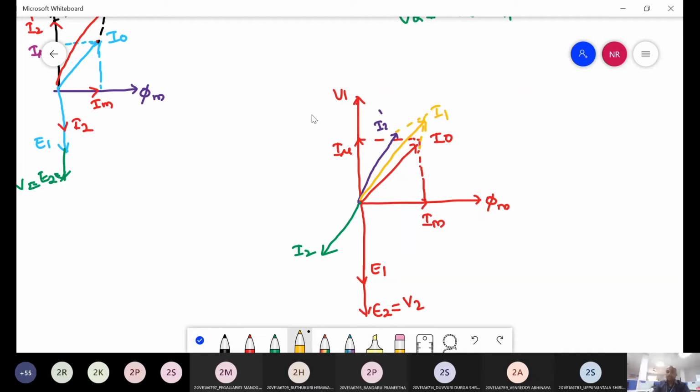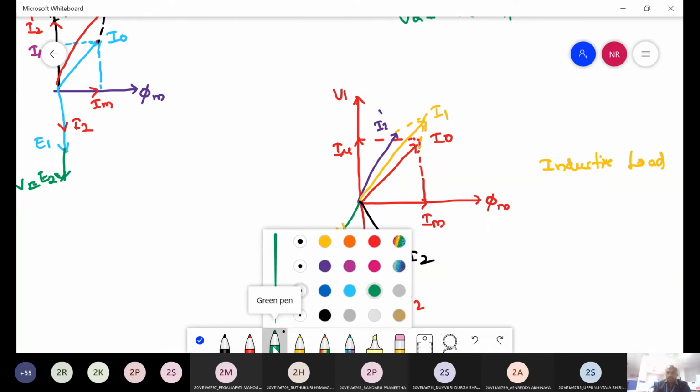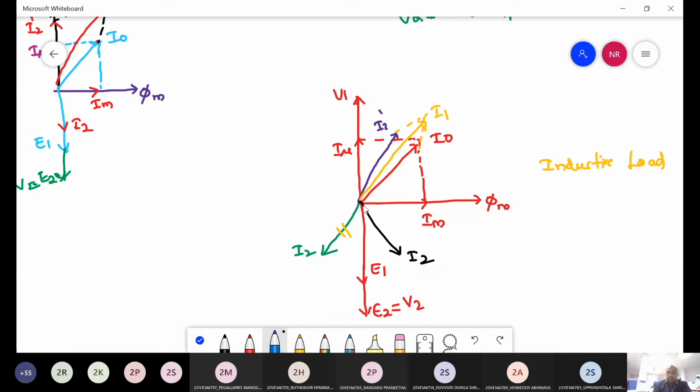That's all. This is the inductive load. If it is a capacitive load, what will we do? This I2 will come here, and I2 dash is exactly 180 degrees opposite. This is I2 dash. Then the vector sum of I naught and I2 dash is your I1. This is for capacitive load.